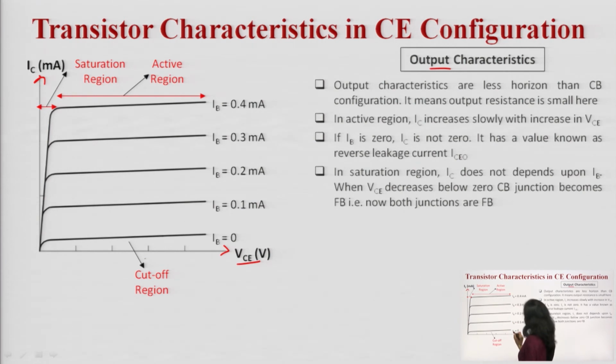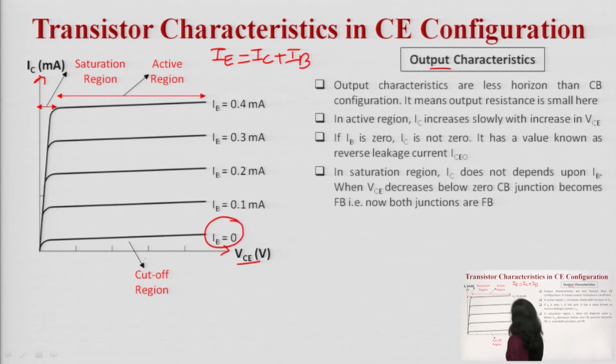Here you can see when IB is 0, IC is not 0. IE is equal to IC plus IB. When IB is 0.1 milliampere, you can calculate IC.